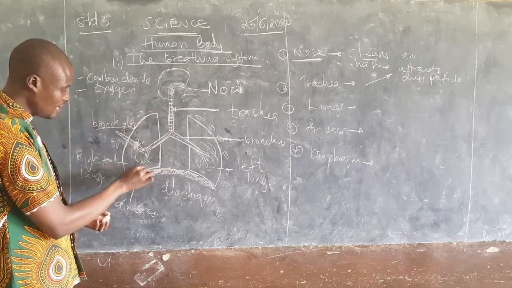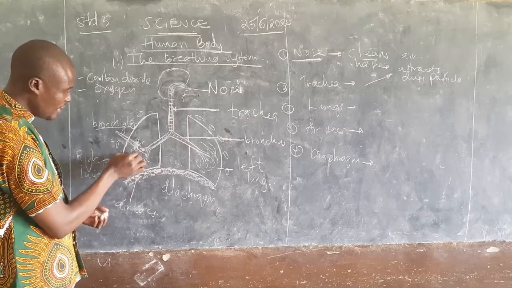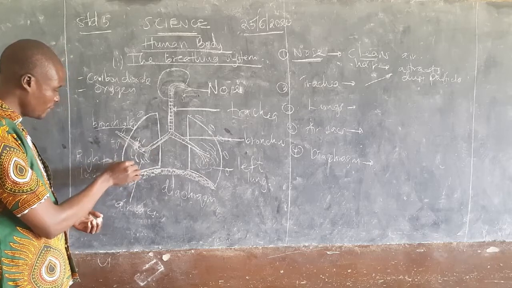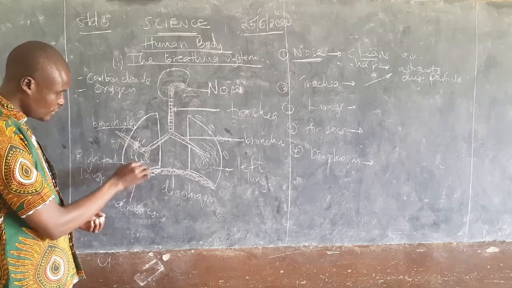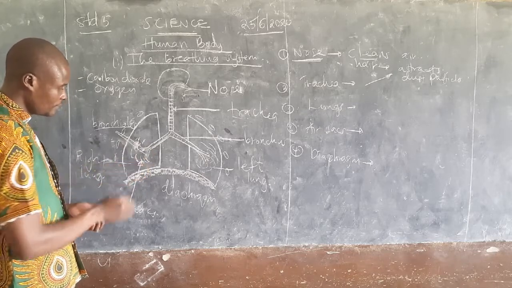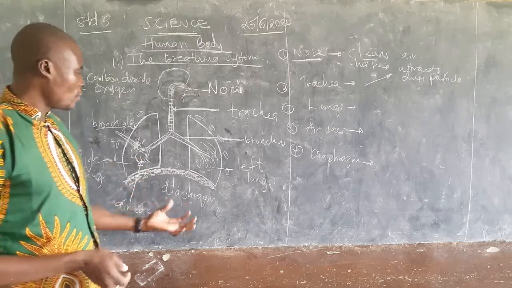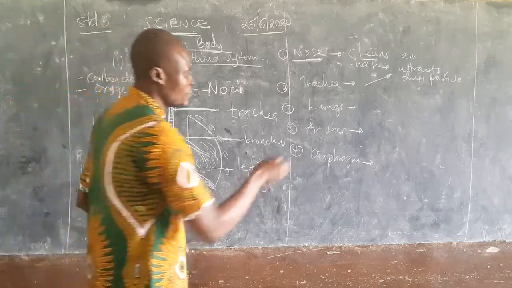As it enters the lungs, there are some things that I've drawn here called the air sacs. The air sacs have alveoli in them, of which the major role is gaseous exchange.